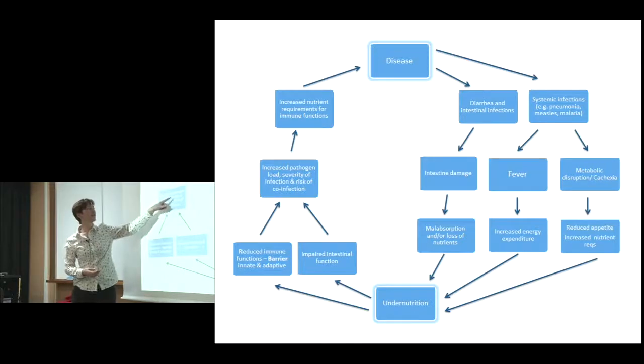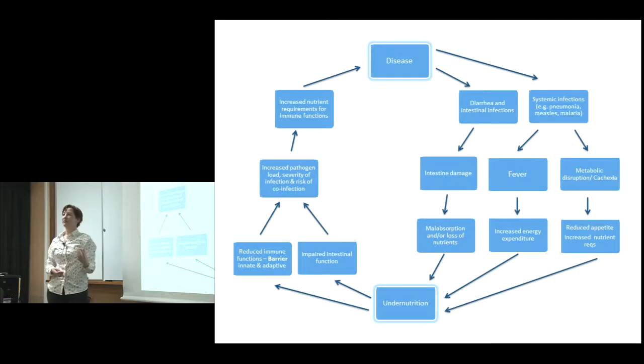So you get increased pathogen load and therefore increased severity of infection. And you can also get an increased risk of co-infection. For example, with malaria, you might get a bacterial co-infection on top of the malaria, which becomes more likely if you're malnourished.